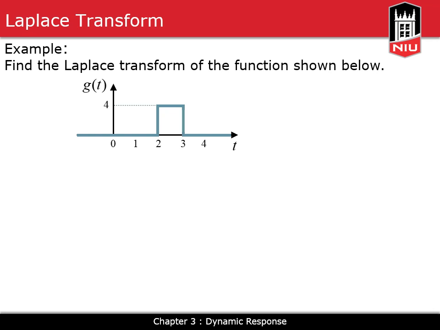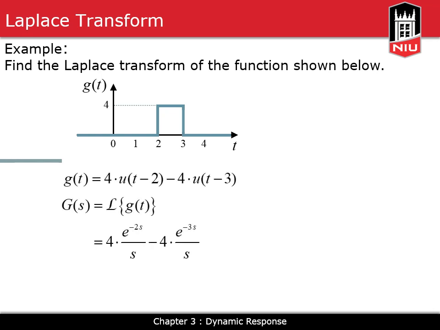What we can do here is to reproduce this with step functions. So basically, we can consider two step functions. One step function that is 0 before 2 and then jumps to 1 at time 2.